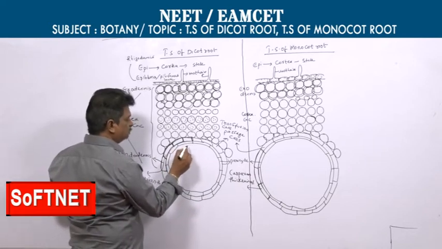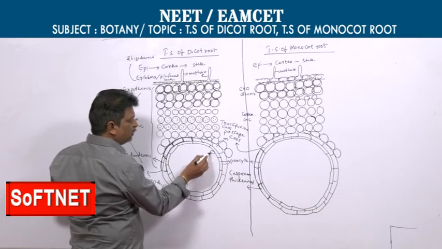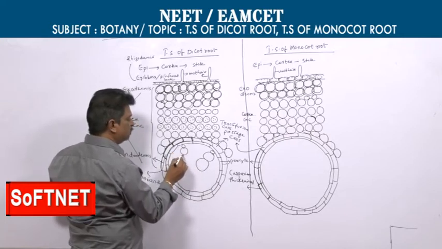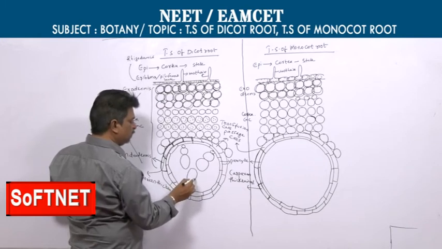Then, next one, vascular bundles. Vascular bundles include xylem and phloem.